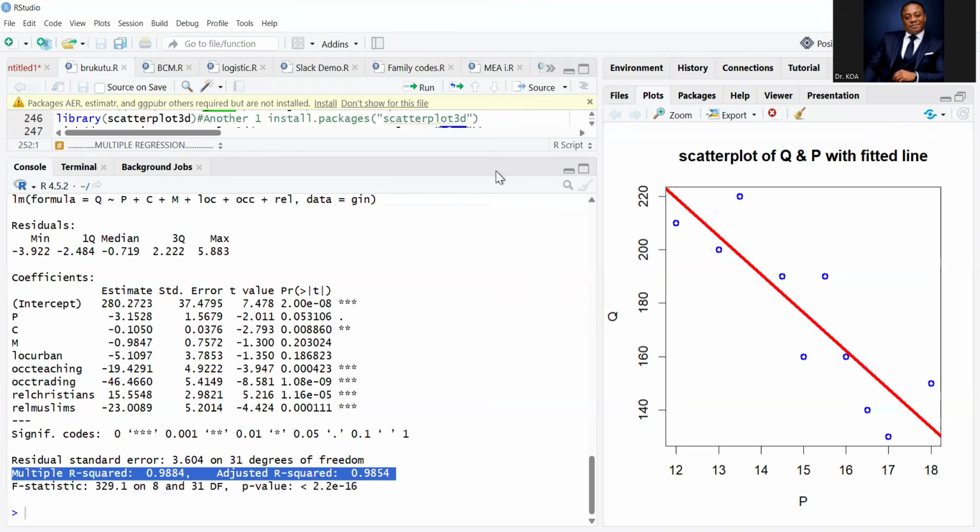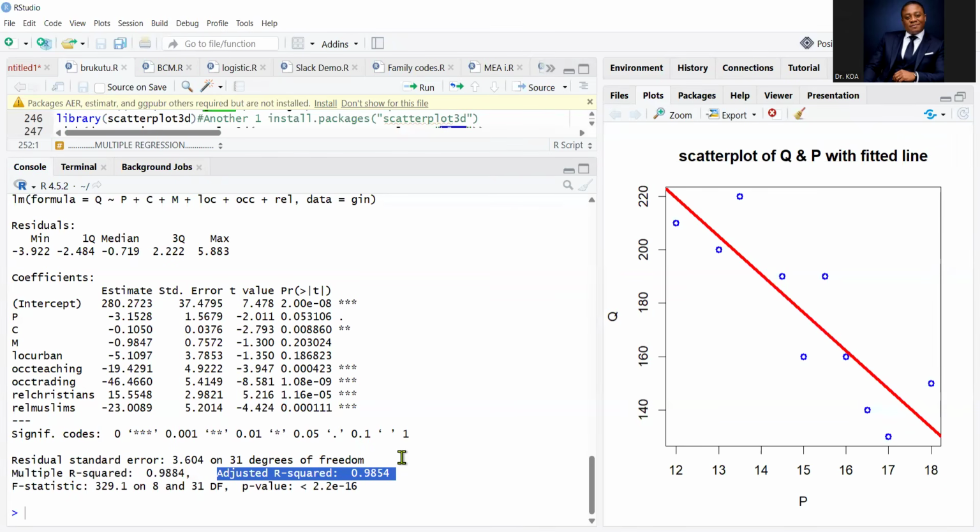So that is how you interpret the R squared, and you must learn how to interpret every R squared. Now let's proceed to the next question. Before we go there, there is another thing that you can see here. It is not the R squared, it is the adjusted R squared.